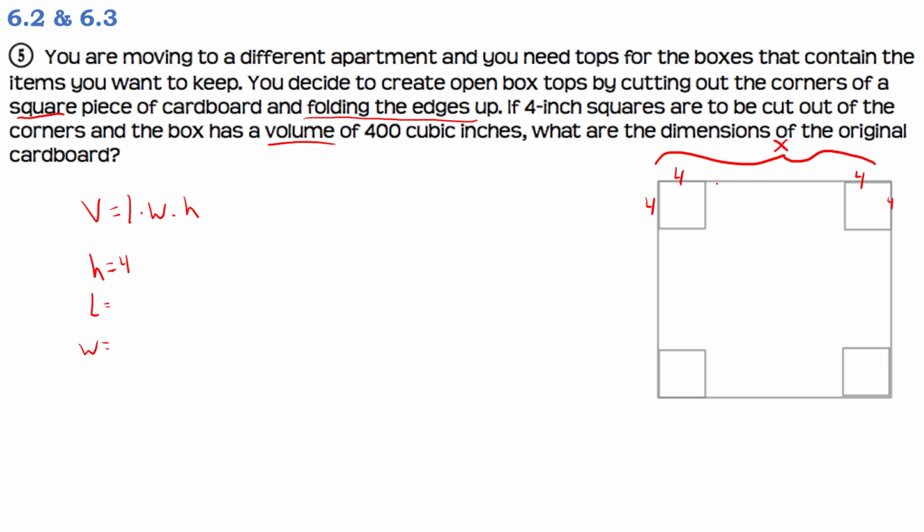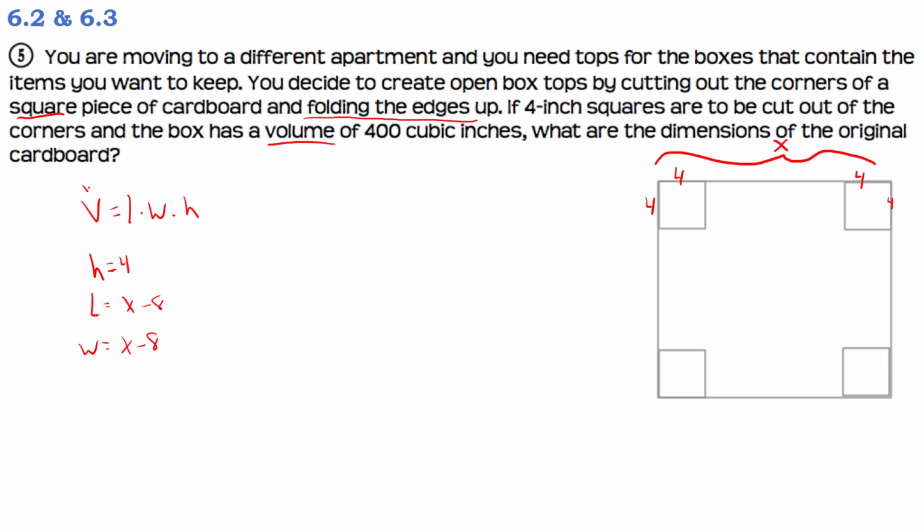So to actually find out the value that's in here, we need to take this all x and then minus 8. So x minus 8 for both of those. Okay, so now we just need to multiply these out because we also know our volume.